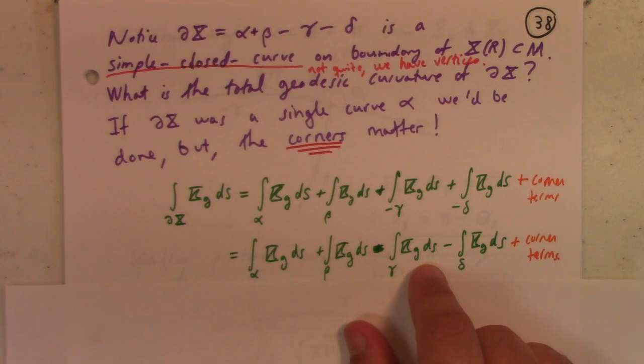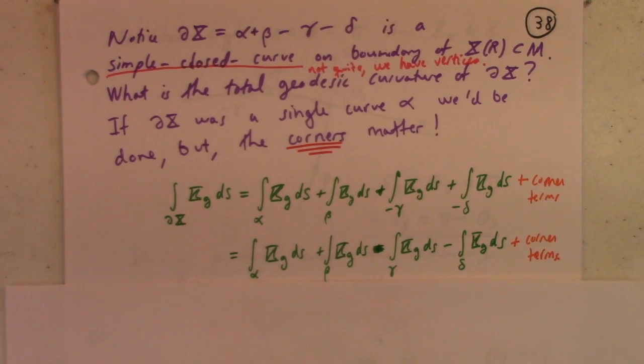You say, oh wait! I remember from calculus 3 that the arc length integral doesn't care if you reverse the orientation. It doesn't change signs. Well, that is true, but we're not integrating this. This geodesic curvature is not an innocent bystander. When you reverse the orientation of the curve, it reverses its sign, as we just saw with our circle example at the start of this lecture. So that's why the minuses pull out, because the geodesic curvature flips.